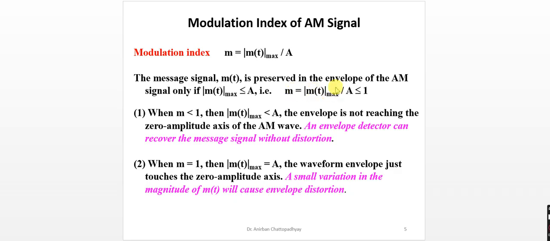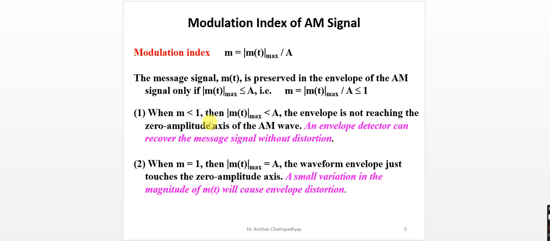So if m(t) max is less than or equal to A, that means the message amplitude is less than the carrier amplitude, then m is less than 1. When m is less than 1, m(t) max is less than A, and the envelope is not reaching the zero amplitude axis of the AM wave.